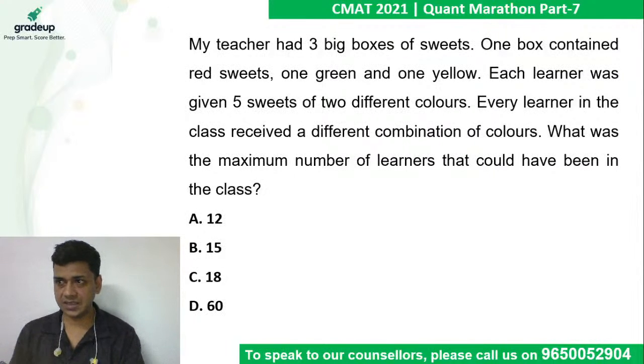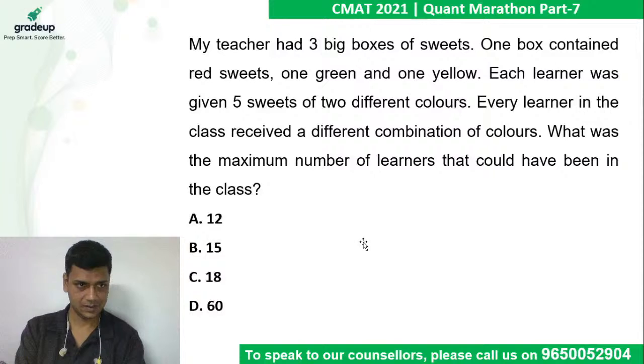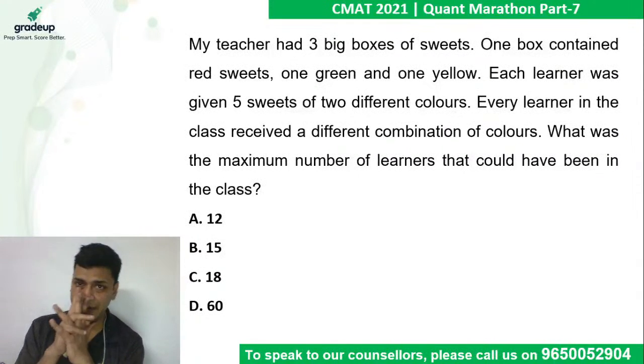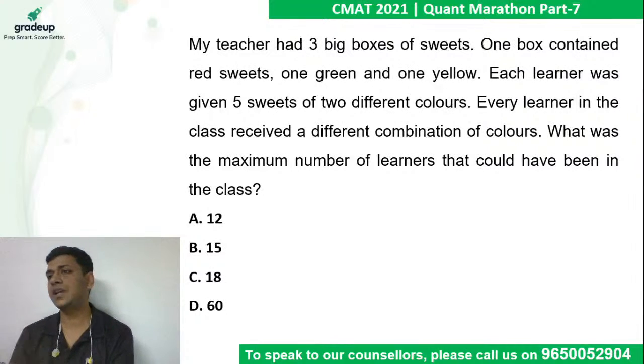Yogesh feels the answer is 12. Nilesh feels it is 60. Okay, so Nagaraj, the question is: there are 3 types of sweets, red sweet, green sweet and yellow sweet.